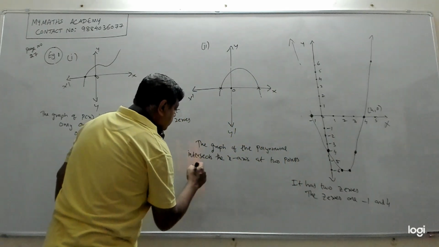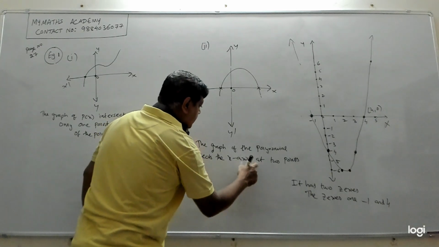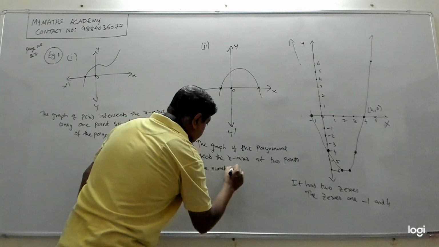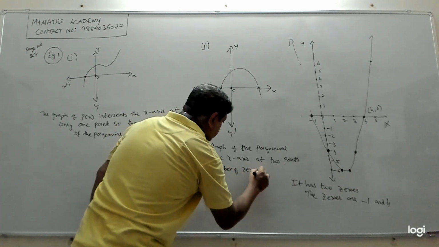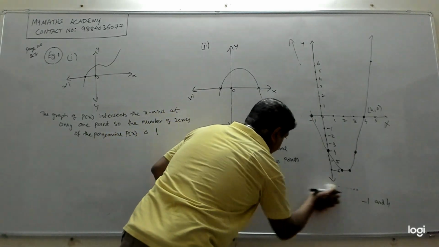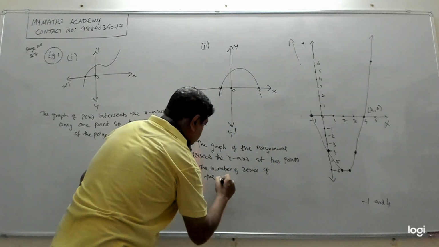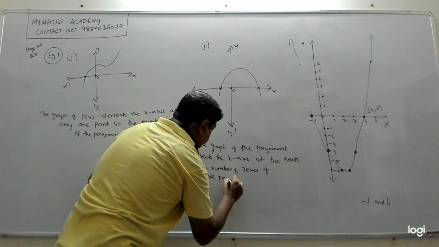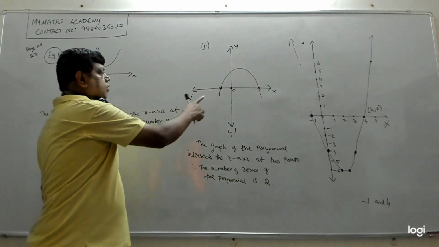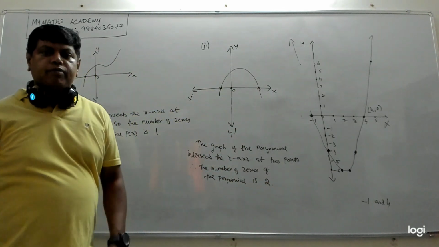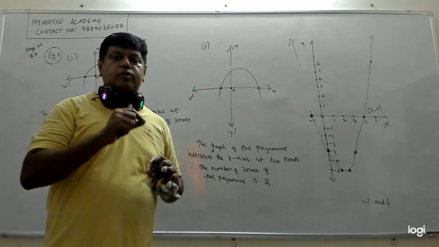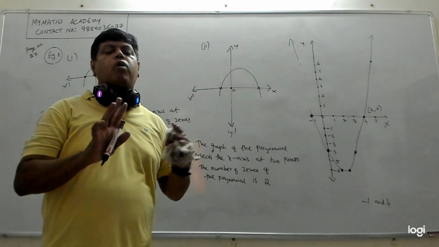Therefore, the number of zeros of the polynomial is 2. It has 2 zeros. This is 1 zero, this is another zero. Right? So you just need to look at how many places the graph is intersecting the x-axis. So check how many points, and that many zeros that polynomial will have.